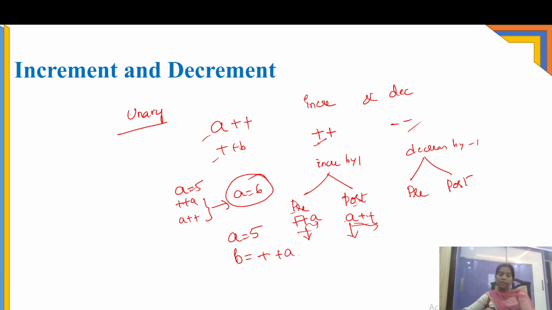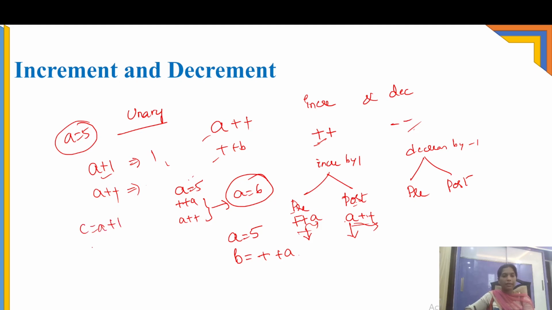See here, what is the difference between A plus 1 and A plus plus? A plus 1 means increasing the value by 1. A plus plus is also the same. Then what is the difference? If A equals 5, so C equals A plus 1.